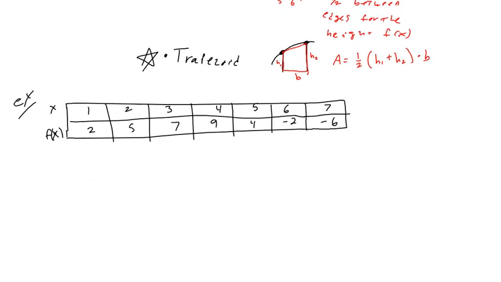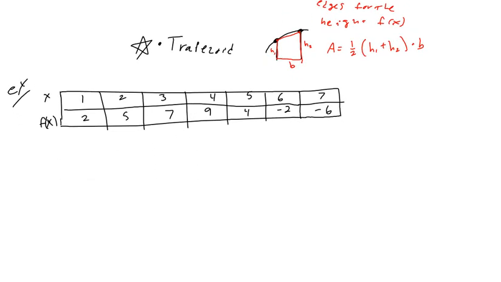So this is our situation. Here's our table. I want to find the midpoint and trapezoid area with n equal to 3, 3 rectangles.